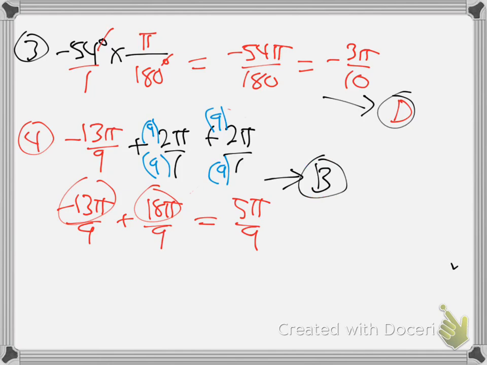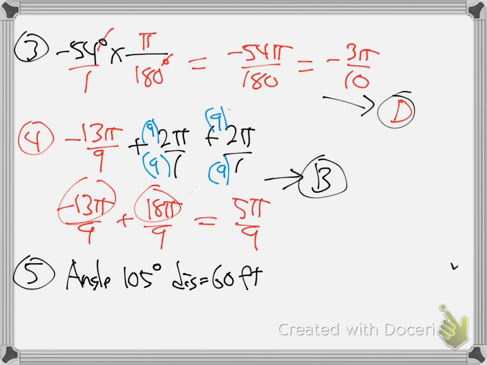I'm going to go on to number 5. Number 5 says lawn sprinkler, angle 105 degrees, distance equals 60 feet. What is the area of the lawn watered by the sprinkler?